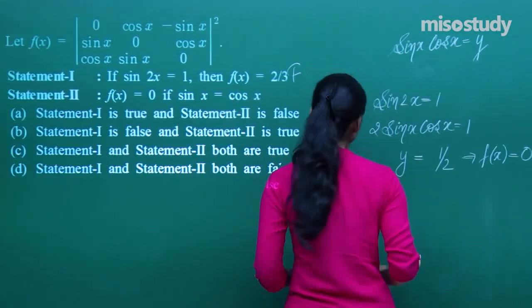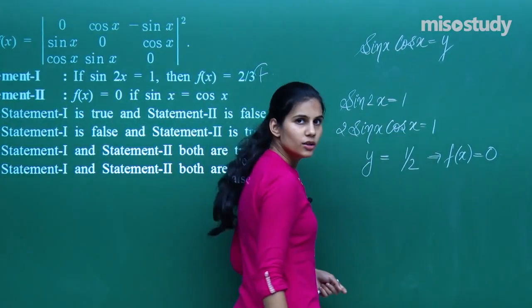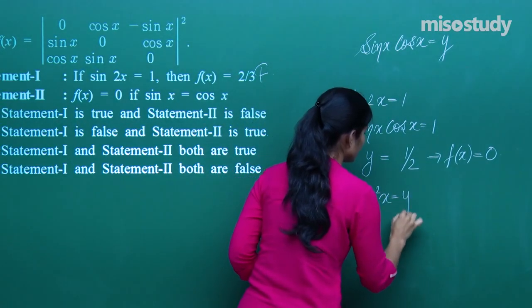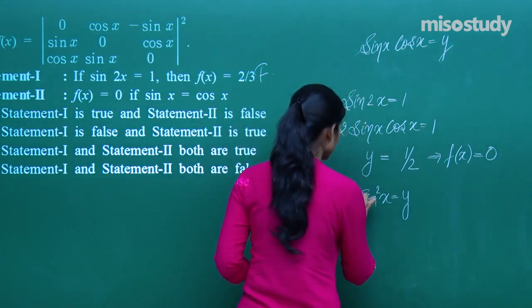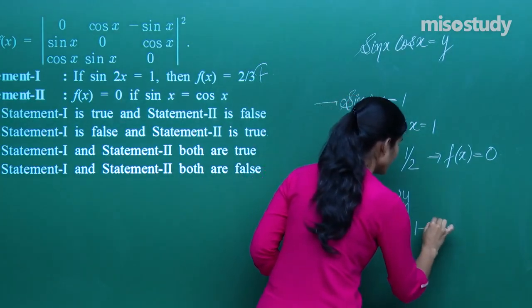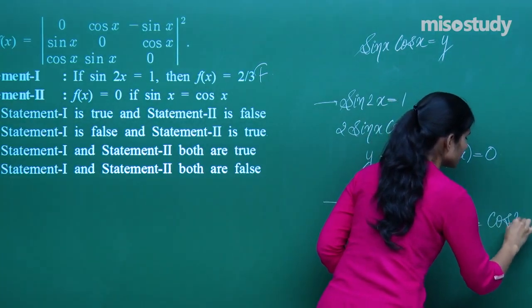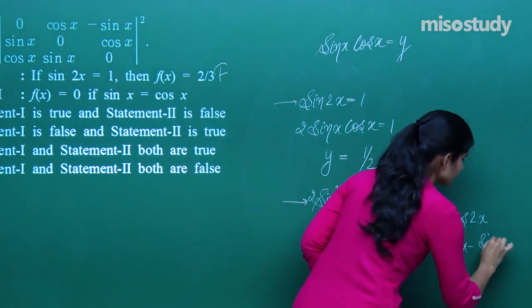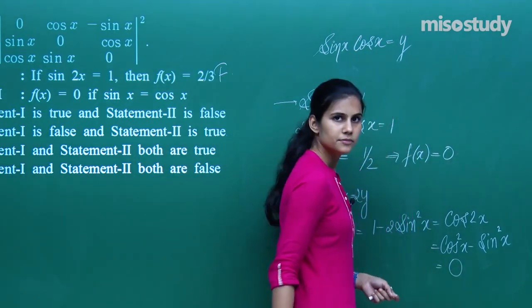If sin x is equal to cos x, so what is y? Y is sin square x, so 2y is 2 sin square x. 1 minus 2y is 1 minus 2 sin square x, which is cos 2x. Cos 2x is cos square x minus sin square x, but cos x is same as sin x, so this is 0.